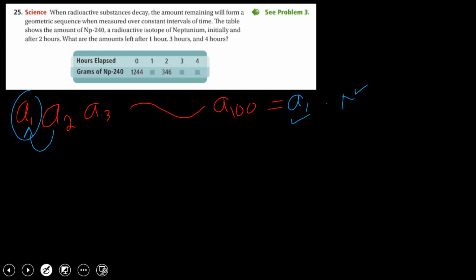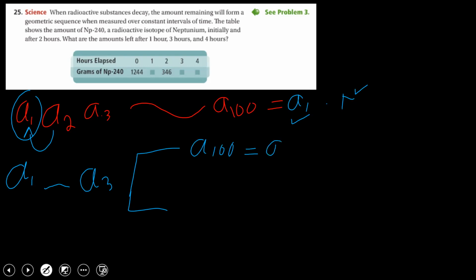But if I have a sub 1 and a sub 3 only, and a sub 2 is unknown, and I need to find a sub 100, I need a1 times r raised to a power. a1 is known, but r is unknown. To find r, in the previous case we said that I can find it by dividing a sub 2 over a sub 1.